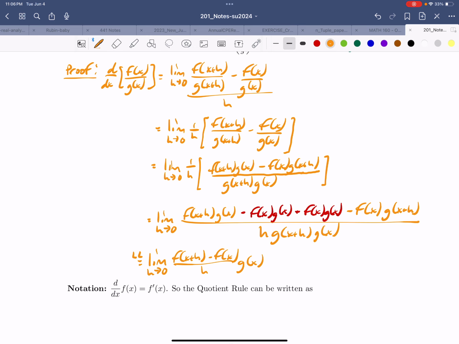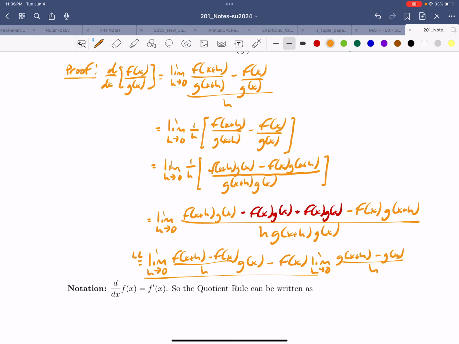Oh, look, there's our f prime g right there, right? And then it's going to wind up being minus f of x times the limit. I'm doing a lot of simplification in my head right here, but namely the factoring out a minus sign. You're going to get g of x plus h minus g of x all over h.